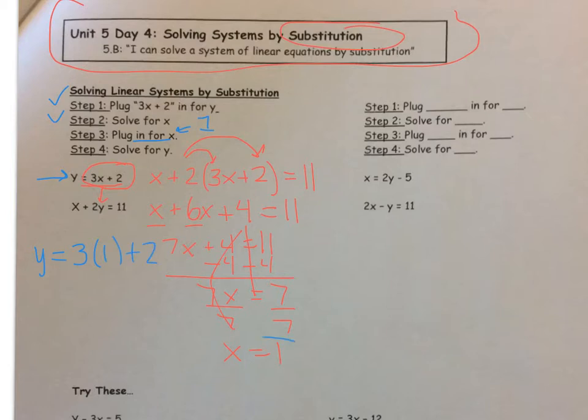So I took this number and put it right there. Okay, so y equals, well, 3 times 1 is 3, plus 2, y is 5. Okay, so we've got an x, we've got a y. Our last step is to write it down as an ordered pair, 1, comma, 5.